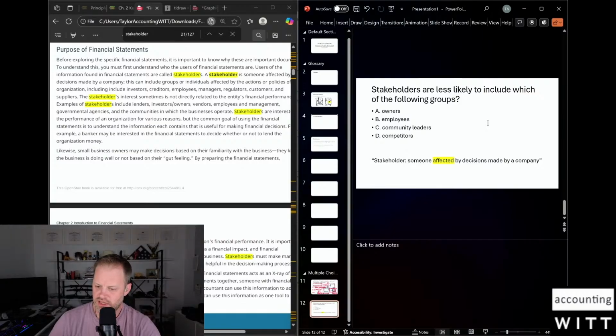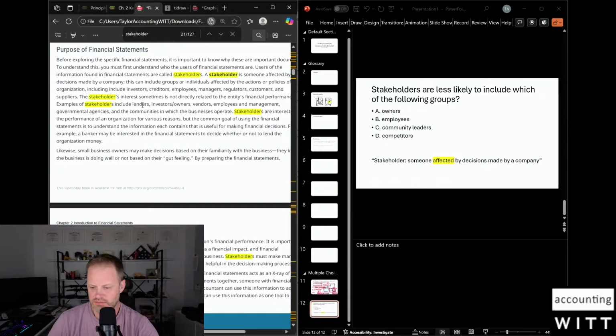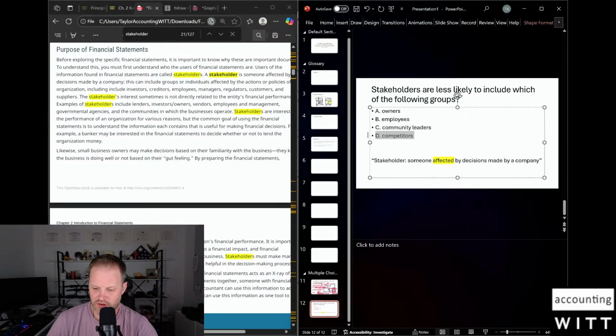Because these are all stakeholders, they're all affected. I mean, no, owners are stakeholders, employees are stakeholders. I'm guessing of all of these, competitors are the least.